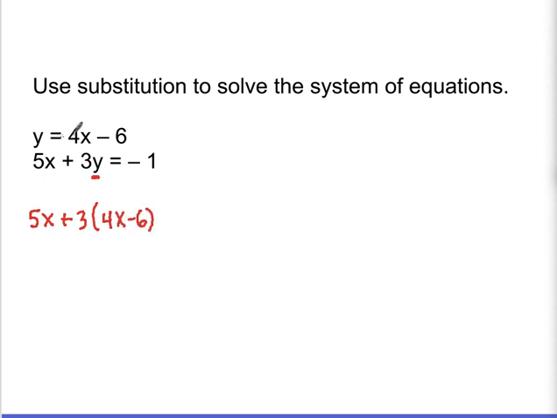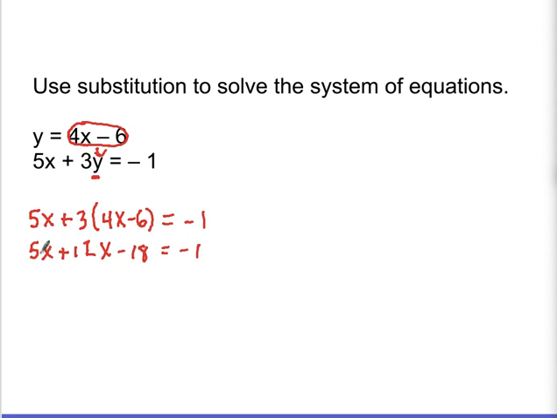Okay? Y equals 4x minus 6. So here where the y is at, I can put 4x minus 6 in its place. And then I continue on with the equation equals -1. So all I did was take this and put it in for that y. Now I need to distribute. 5x plus 12x minus 18 equals -1.